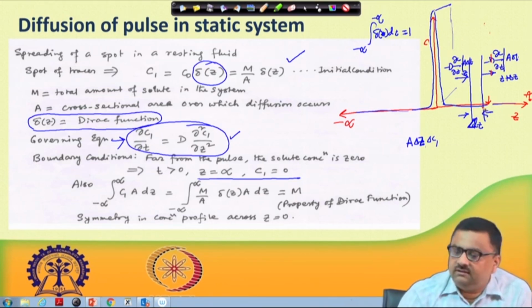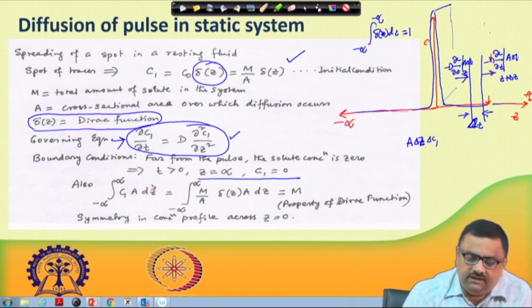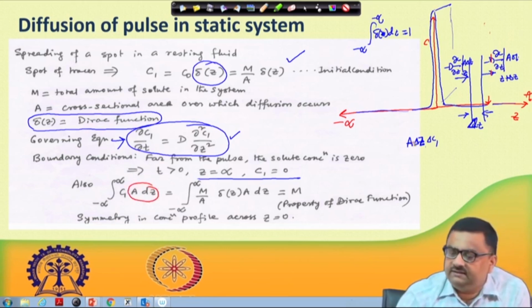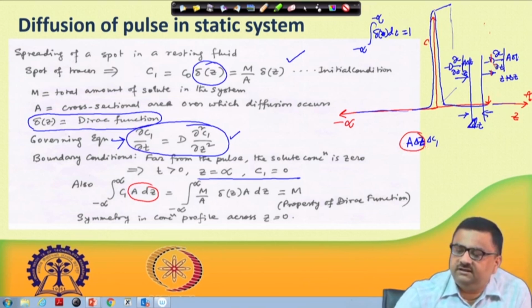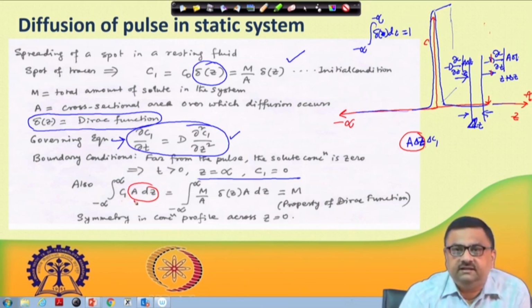The area A is perpendicular to the screen, so A dz, or A delta z, is the volume of this differential element. At every point, A dz gives you the volume and C1 is the concentration. So if you multiply C1 with A dz, what does this give me?